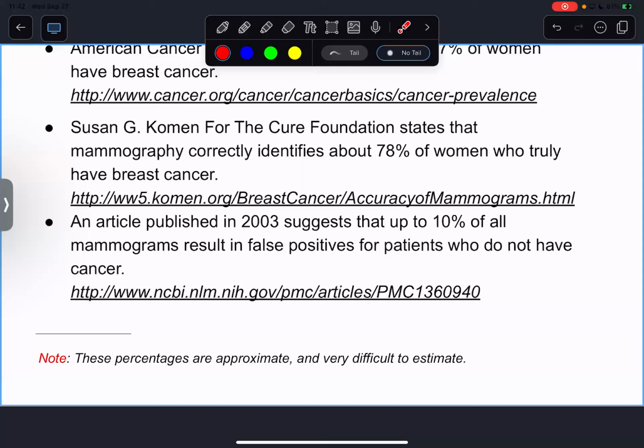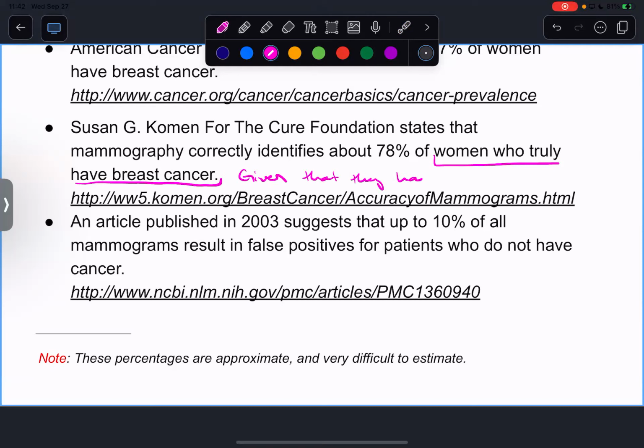But given these probabilities, this is the same as given that they have cancer. And that's my clue that I need to know if they have cancer or they don't have cancer with some probability, and then I can apply these probabilities.